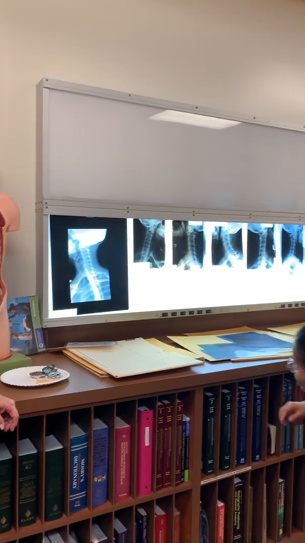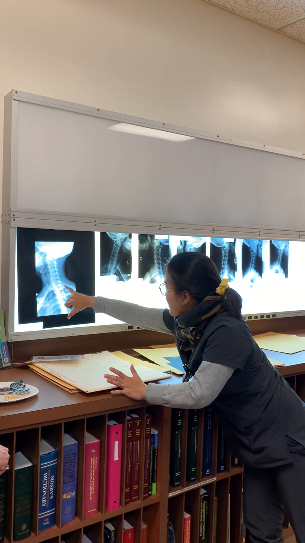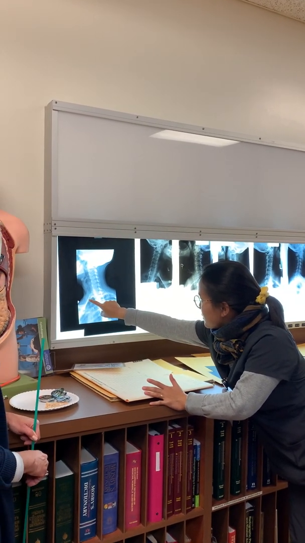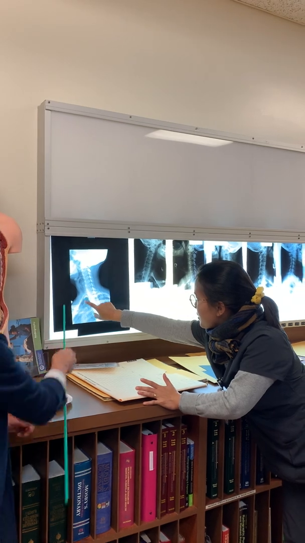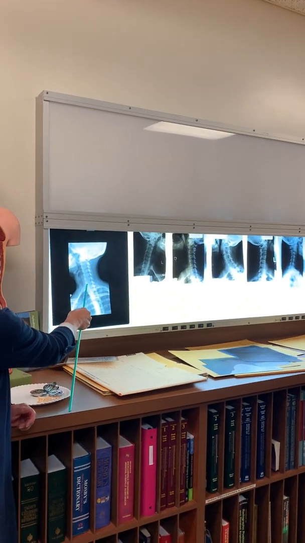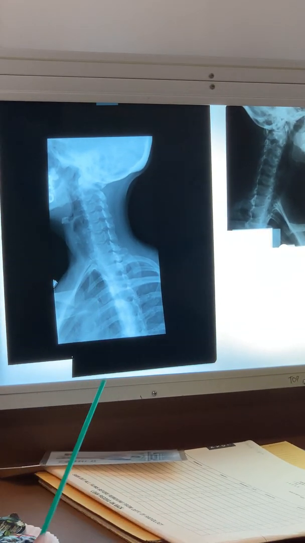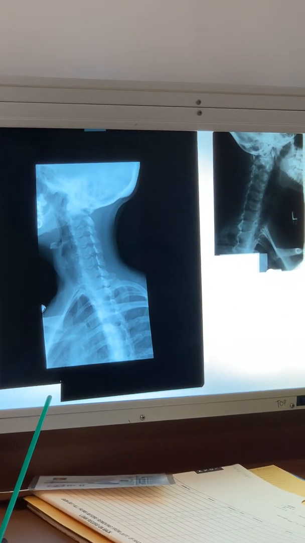I have a question. When you say the first rib, this? Yep. And then what is this, the clavicle and the first rib? No, that's the second rib. Okay. I thought it was a rib that was cracked.